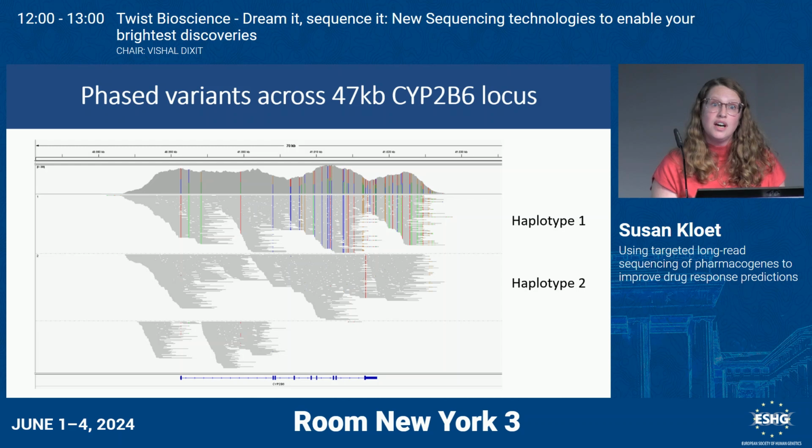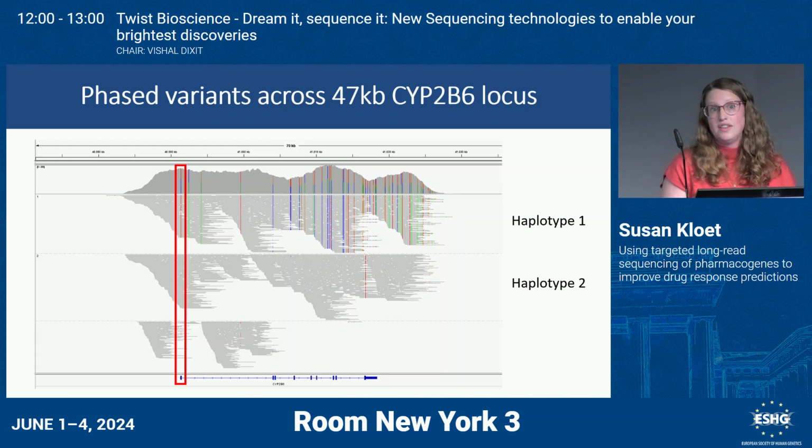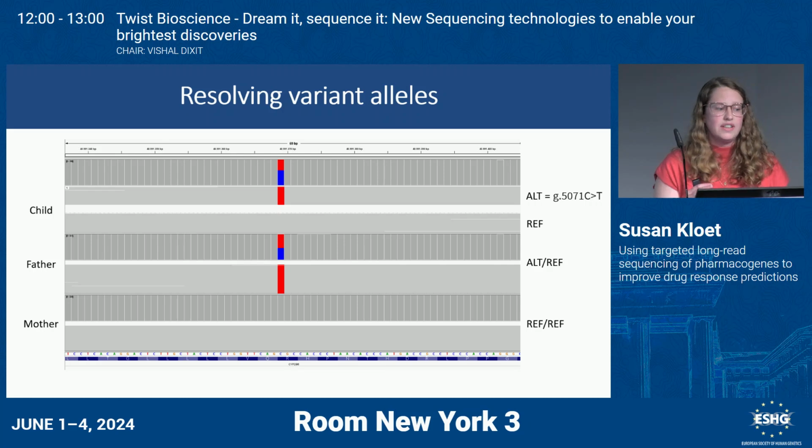If we zoom in on one particular variant in the 5' most exon, you can see really clearly that the child has a C to T SNV in one allele and reference in the other. We can see that the child inherited the SNV from dad and the reference allele from mom. But even without having the trio information, we could still really clearly phase this individual into the two alleles.